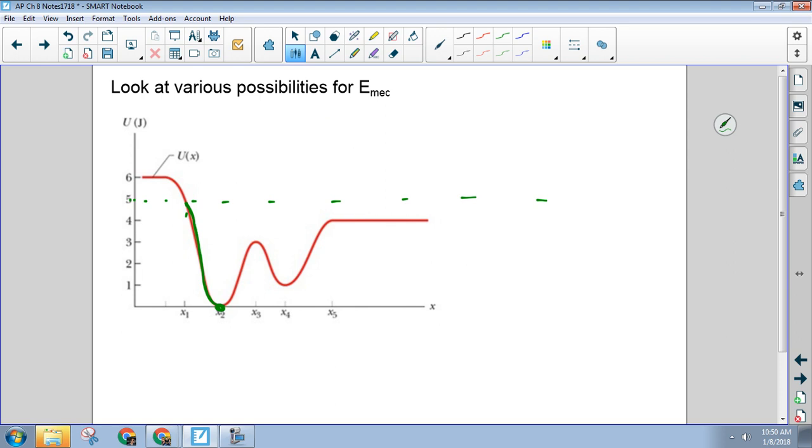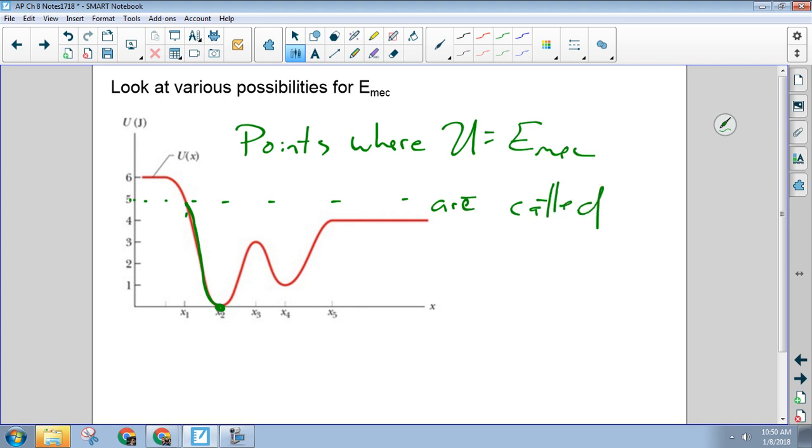Now, these points where your potential energy equals your mechanical energy, your total energy, are called turning points. Why would that be true?